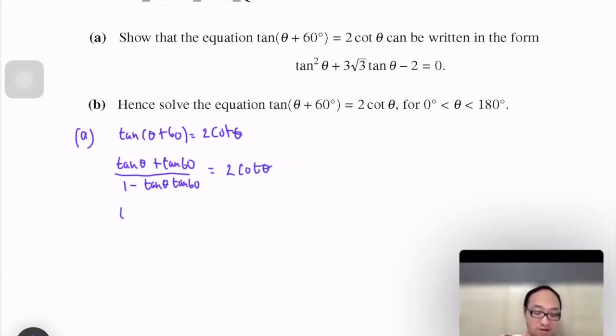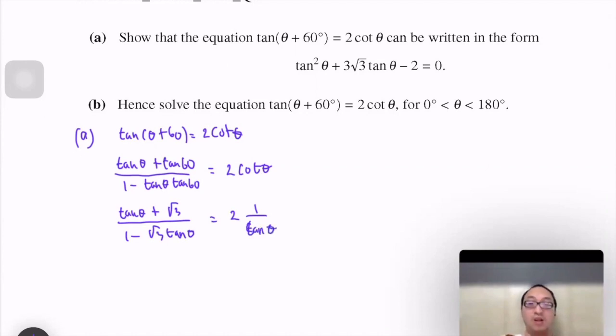So (tan θ + √3) over (1 − √3 tan θ) equals 2 times 1 over tan θ. Cross multiply.